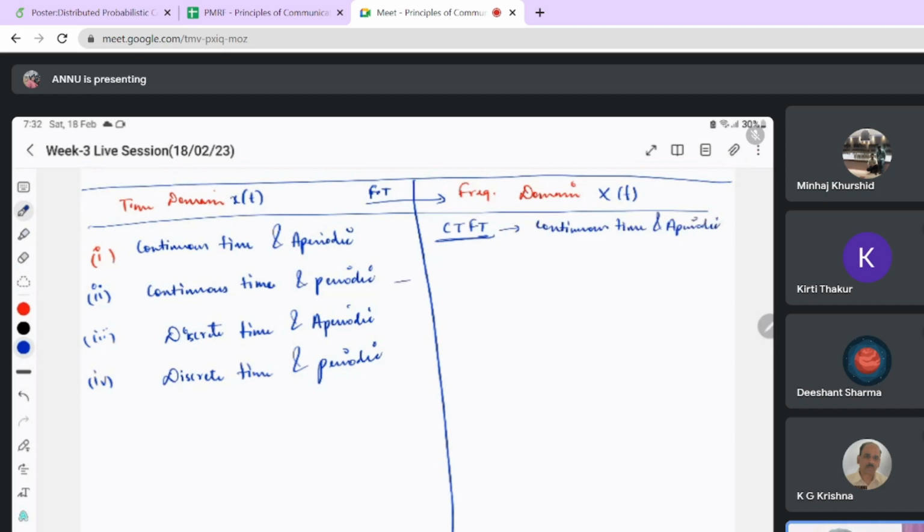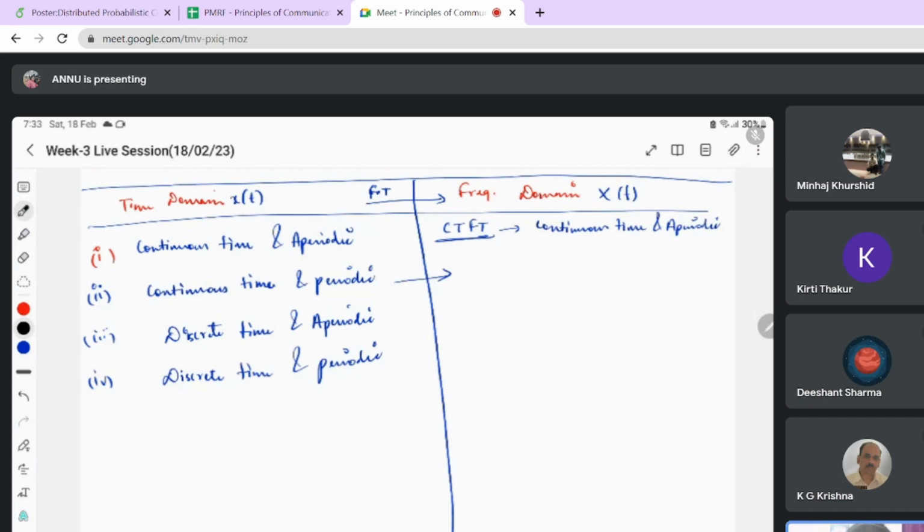Here, tell me, continuous time and periodic. When it is periodic, the output is discrete. Your answer of periodic is wrong, but yes, it is discrete. Why is it discrete? Your homework is to solve this mathematically.